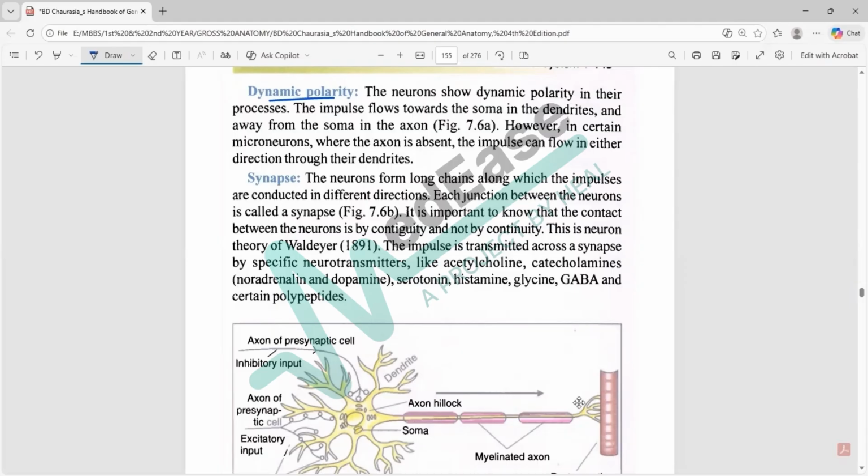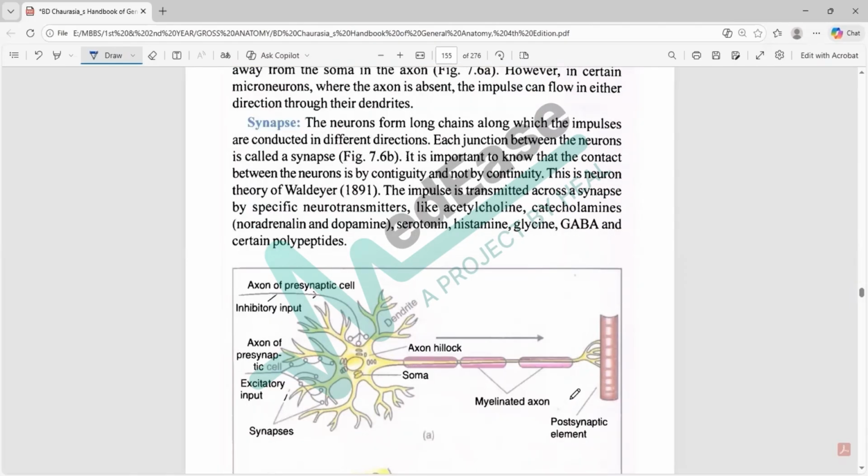That means signals can come from the axon and the dendrites can act as the outflow tract. But this is very rare, although it can occur. Now, another important term we need to remember is the synapse. What is the synapse? A synapse is the junction between two neurons, or between a neuron and a muscle to produce the neuromuscular junction.